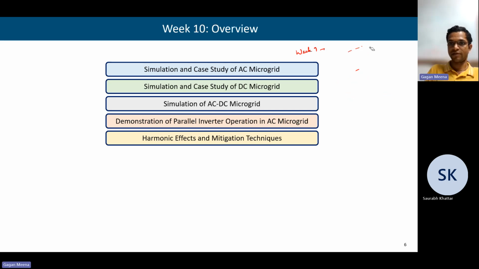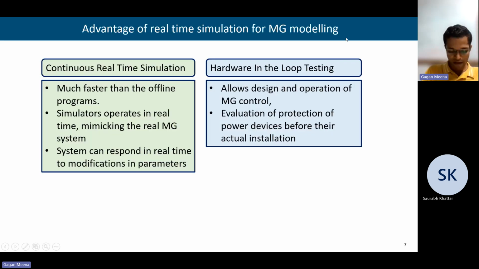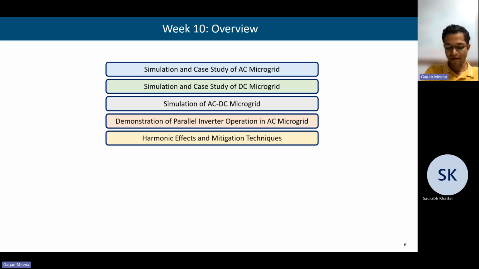Okay, so we'll start with this simulation and case study of AC microgrid. Here we want to create a simulation such that it mimics the actual system.